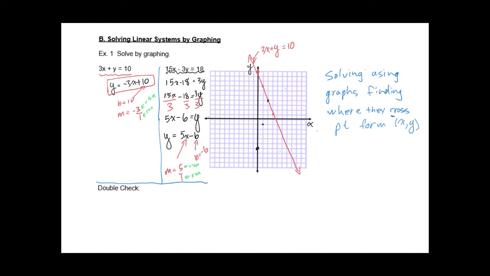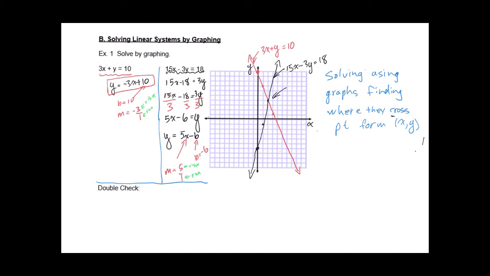And then all we have to do is graph those points. So we have something that does this, and I'm going to label my graph 15x minus 3y equals 18.